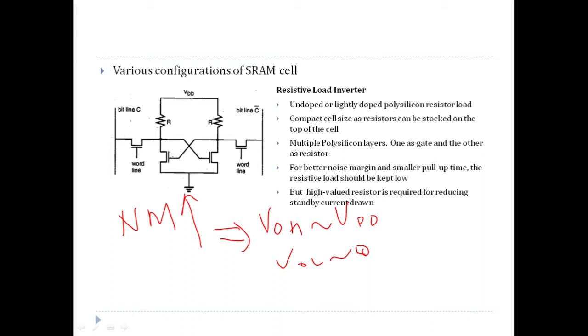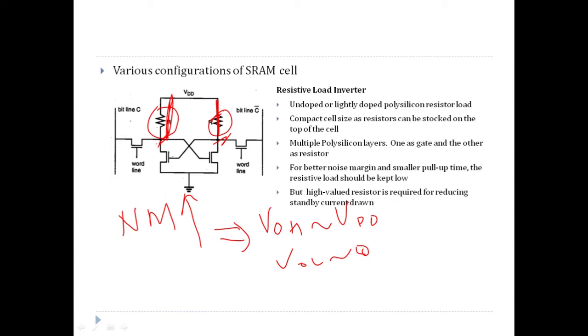But here, to have this VOH, or the maximum voltage pulled to the VDD, these are pulled through these resistors to VDD. And because they have some finite value, there's a possibility that there is a voltage drop. So it is very difficult for these points to attain VDD value. So VOH will always be smaller than VDD.